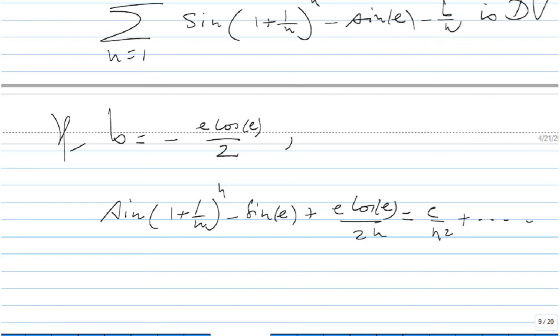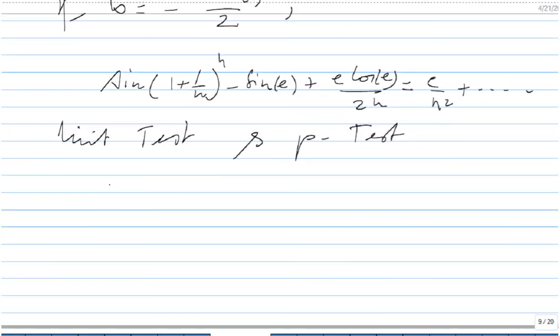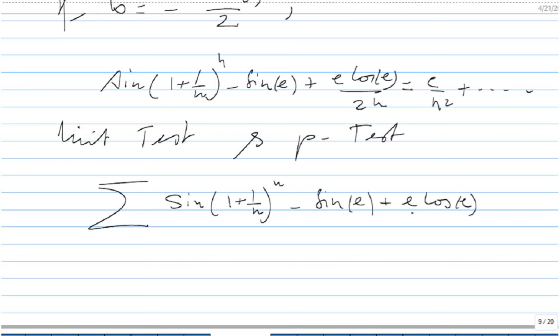So the p-test and limit test will tell us that in this case the series is convergent. The sum of sine of 1 plus 1 over n to the power n minus sine of e plus e cosine of e over 2n is convergent.